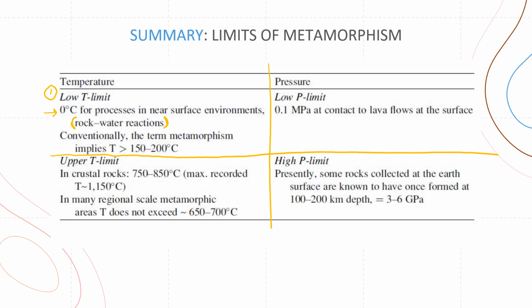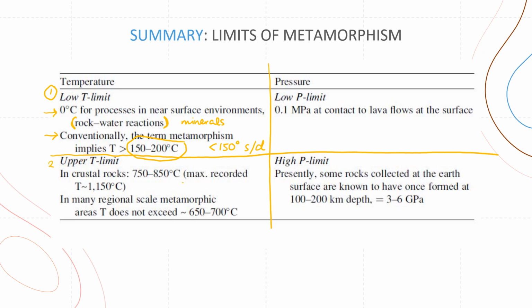If you remember the formation of minerals in fissures or in fractures, conventionally with metamorphism, we would put that between 150 to 200 degrees Celsius, because anything lower than that will fall into the sedimentary or diagenetic processes region.